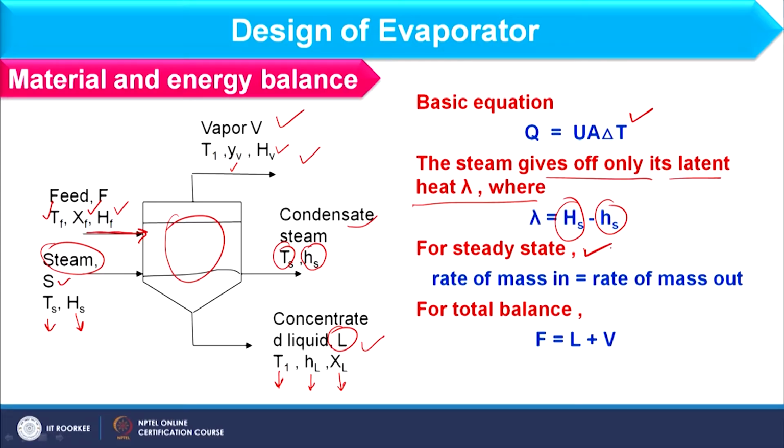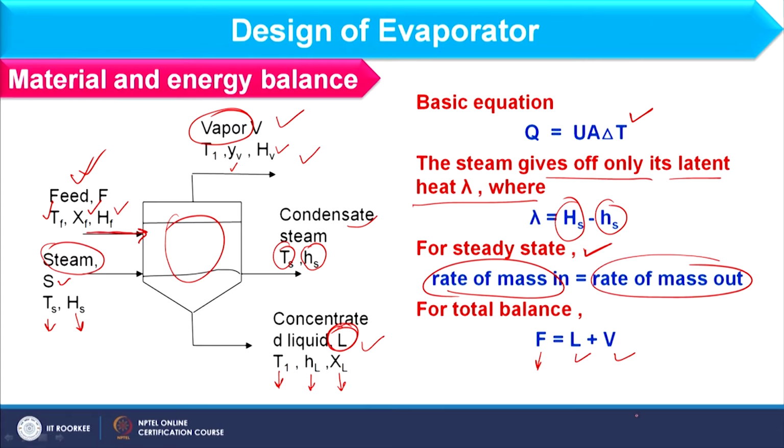Further, at steady state we can make the balance as rate of mass in should be equal to rate of mass out, and therefore the total mass balance will be F equals L plus V, because whatever vapor is generated will be part of the feed only, and after generating vapor, liquid L leaves the system.